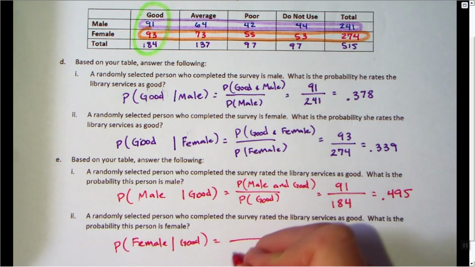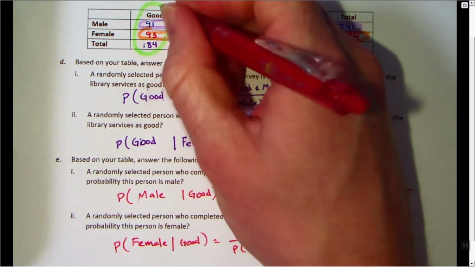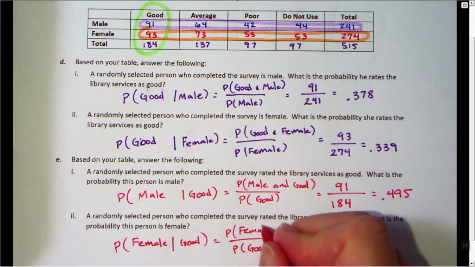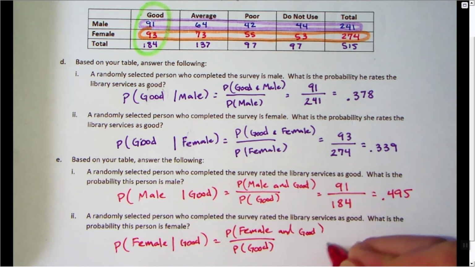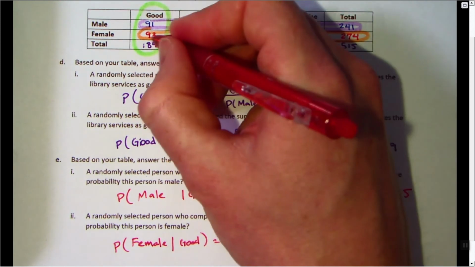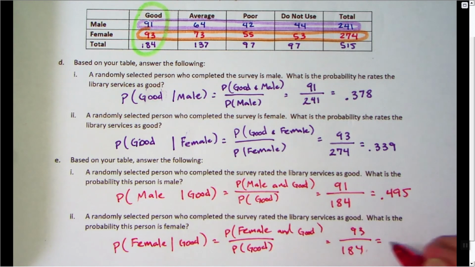Looking out of those that responded good, in this green column, those that responded good is 184, the same as before, but now female in that column is 93. If I divide 93 by 184, I get the decimal 0.505.